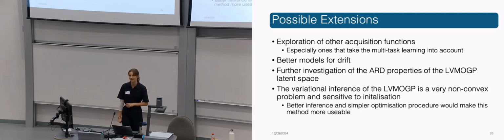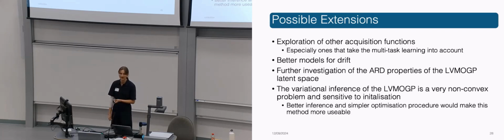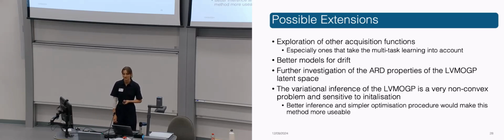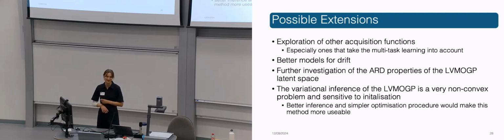And the main thing is the variational inference of this latent variable multi-output GP, which is true of all latent variable GPs; they're all trained using variational inference. They're cool, powerful models that can learn a lot, but the training and optimization of them is a bit difficult, so some work on that is needed to make them really applicable, particularly to people in industry.